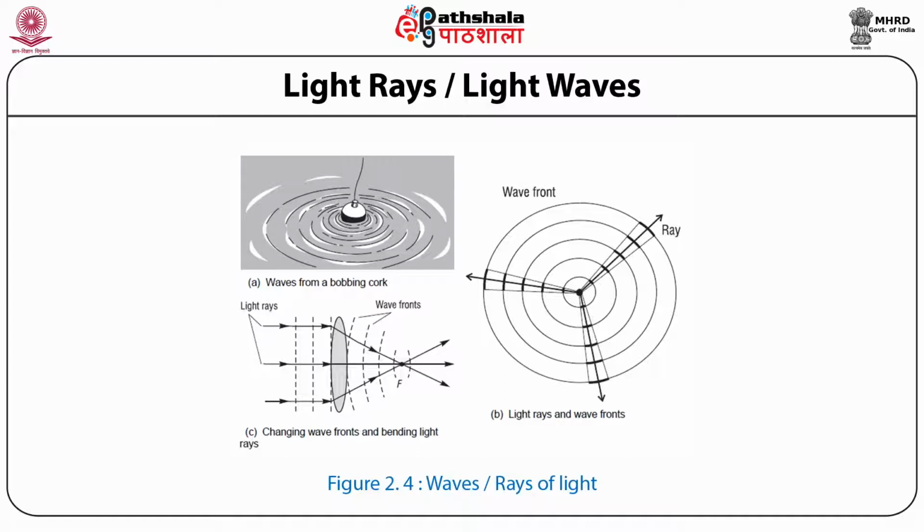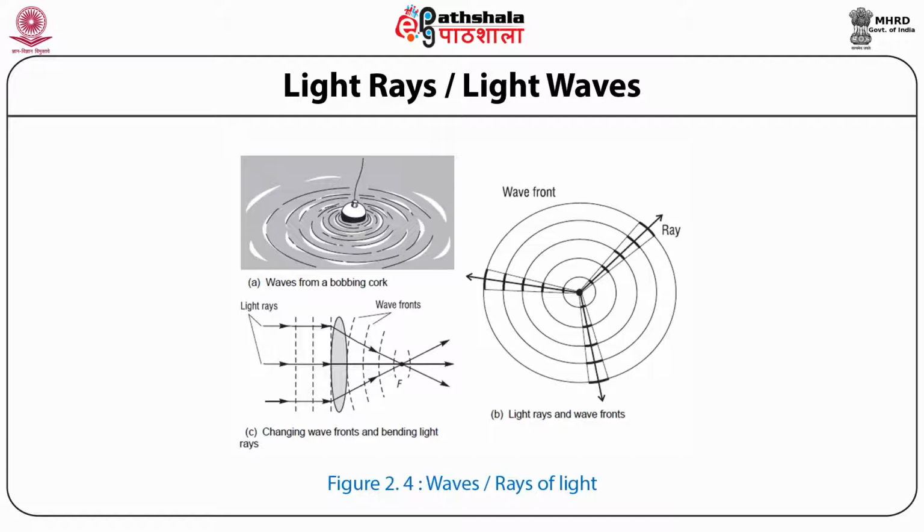Each circular wave represents a front called a wave front. A wave front is therefore defined as a locus of points that connects identical wave displacements, that is, identical positions above or below the normal surface of that quiet pond.